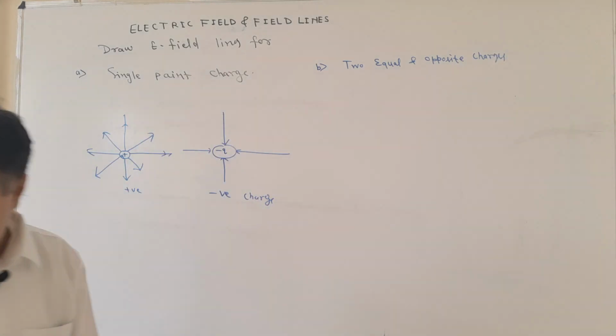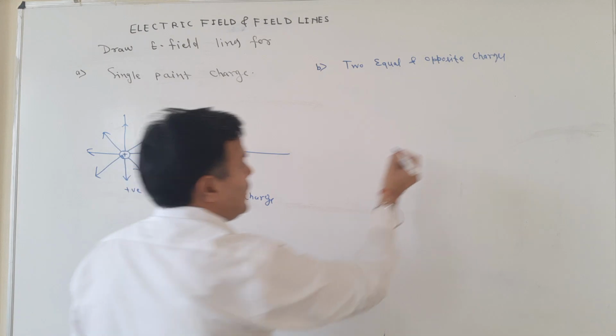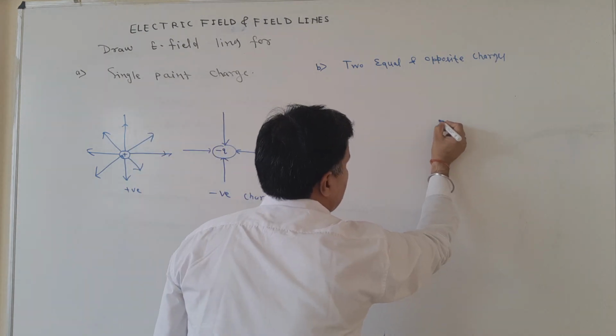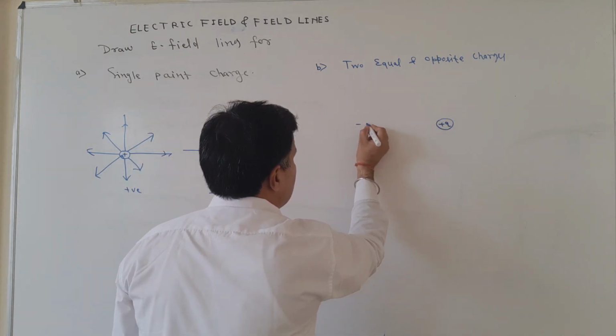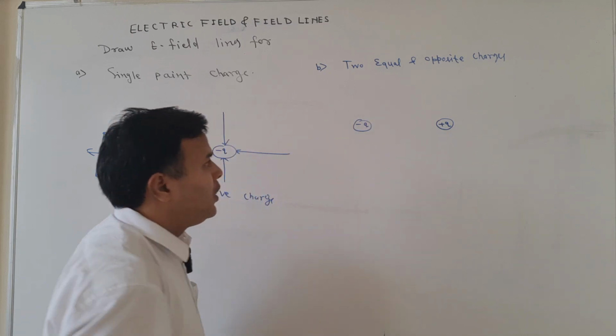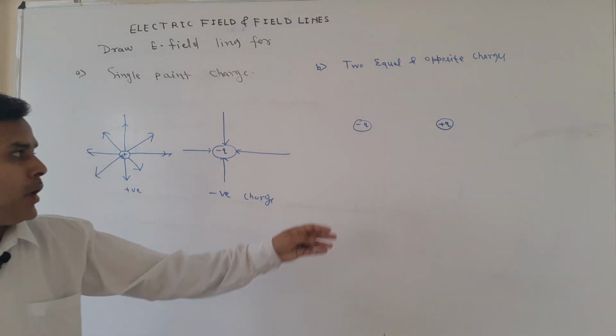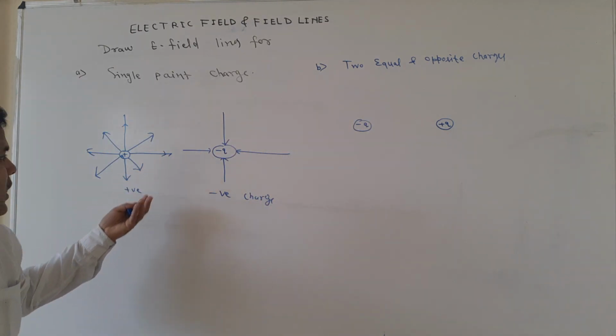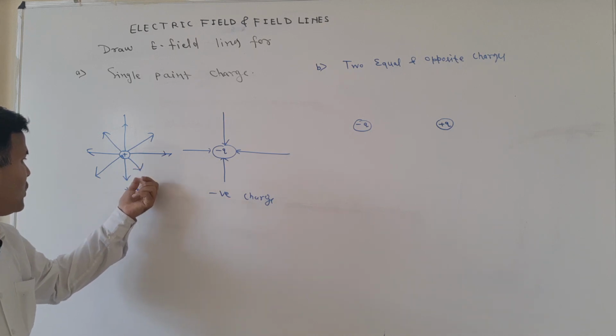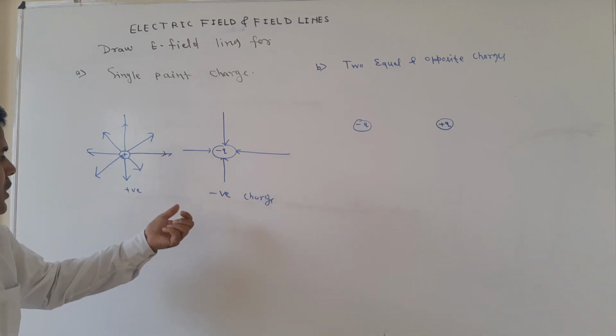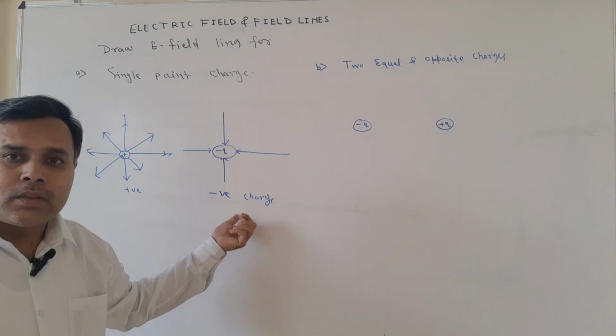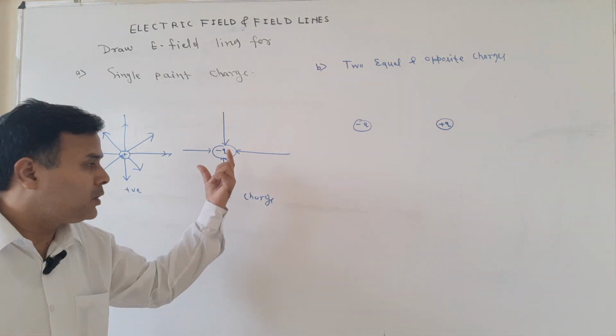Let's say we have plus and minus Q charge. This is plus Q and this is minus Q. So how to draw the field lines? For a single point charge, we have for positive charge field lines away from the charge, and for negative, field lines towards the charge.